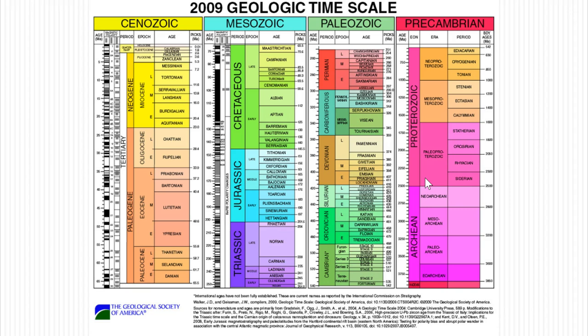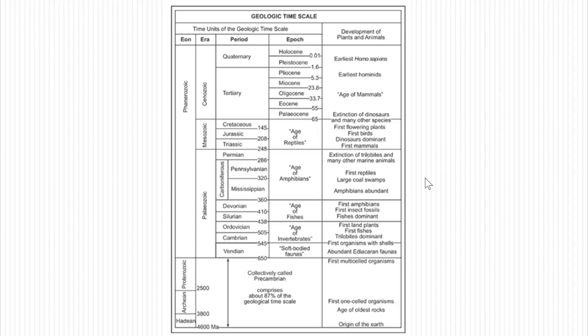Periods are divided into epochs as you move closer towards the present, and then epochs are divided into ages. Again, I don't want you to memorize this. We're going to look at this in terms of important things that have happened throughout time, and so our discussion of geologic time will really be relative.